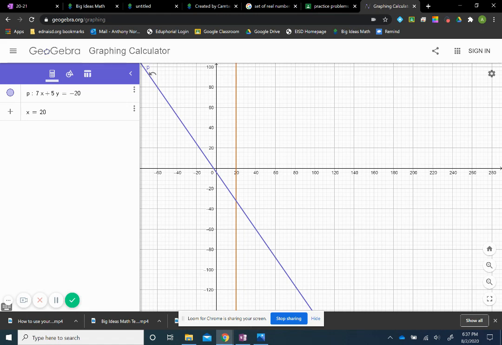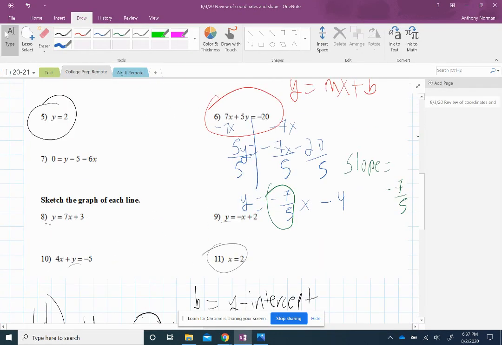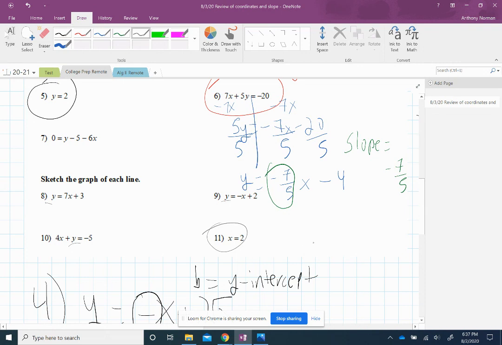On the x-axis, the only number it can be is 20. It'll never be 40. It'll never be 0. Which means if we go back to our worksheet, x equals 2 means on the graph, if that's 1, that's 2, we have a nice vertical line.